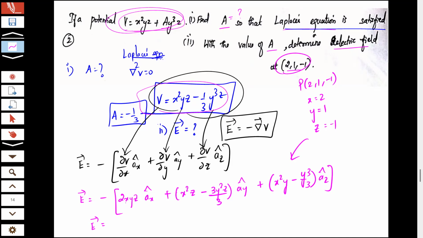Now, by substituting the values of x, y, z corresponding to the point P, you will be getting the vector E as 4ax cap plus 3ay cap minus 11 by 3 az cap. This is the vector E, and we should write the unit for vector E, which is volt per meter.